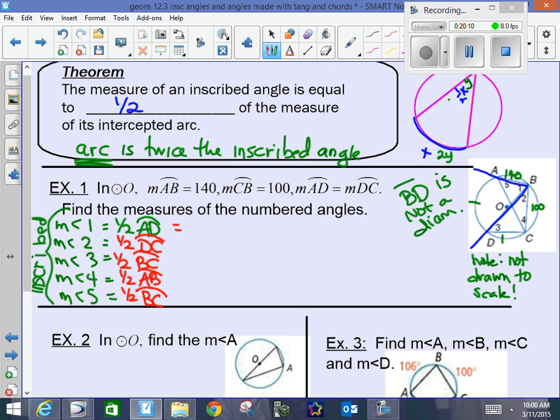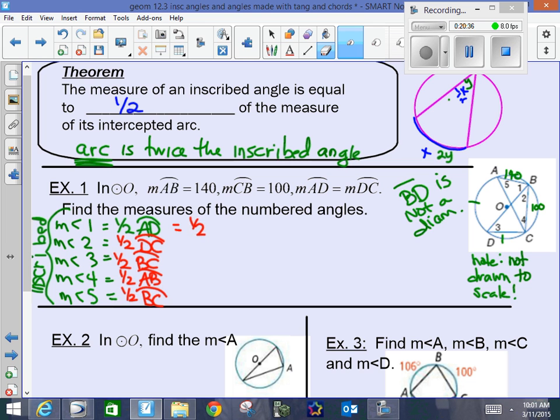All right. So, what is the measure of AD? AD has a tick mark on it, and so we probably should find that. Any suggestions? We've got 140, we've got 100, and then we've got two arcs that would complete the circle.